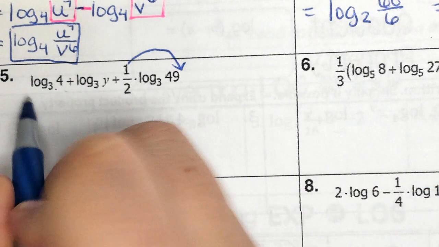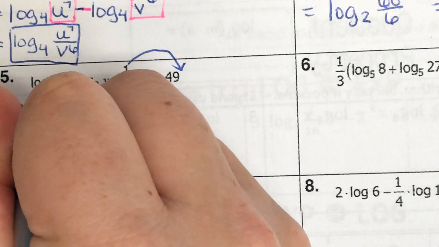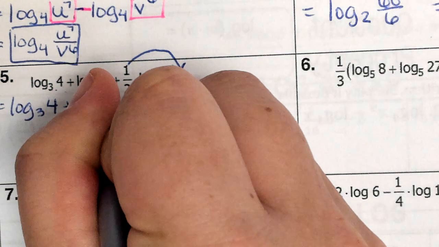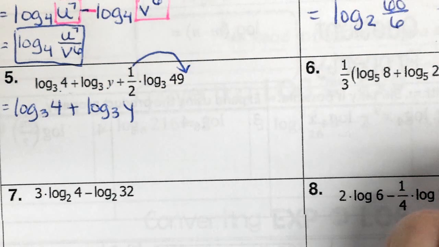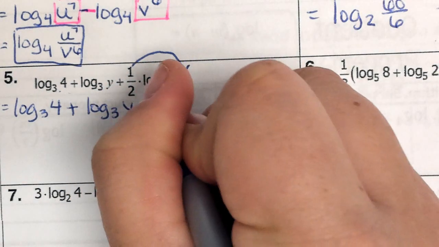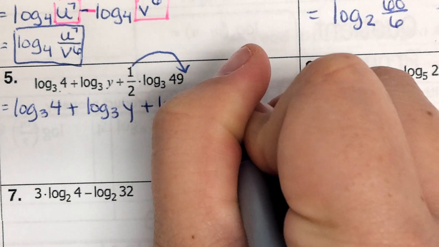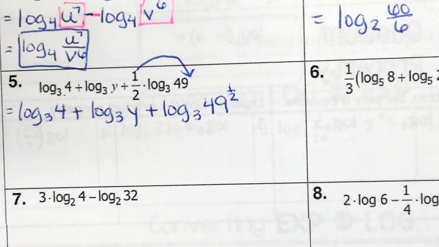So now we have log base 3 of 4 plus log base 3 of y plus log base 3 of 49 risen to the 1/2.